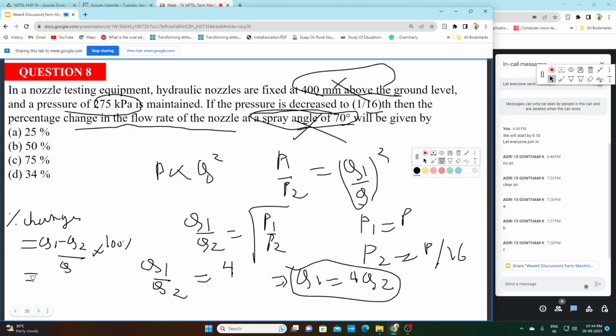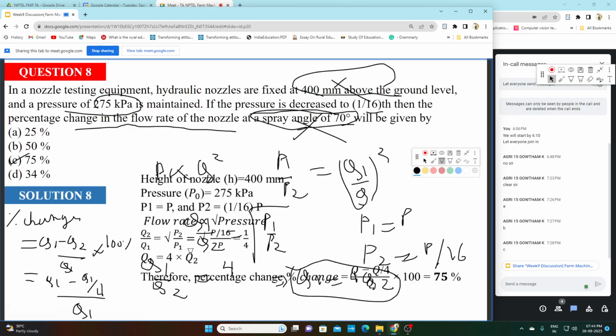Now Q1 is Q1, and Q2 is Q1 divided by 4. So 1 minus 1 by 4 means 3 by 4. 3 by 4 into 100%, that means 75%. So C is your correct answer.